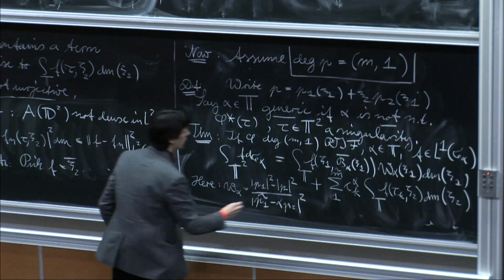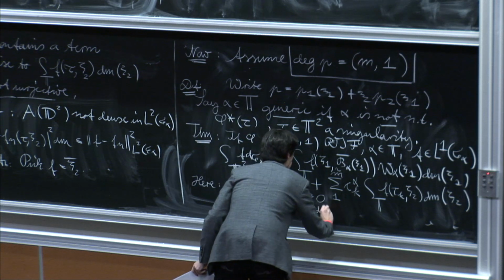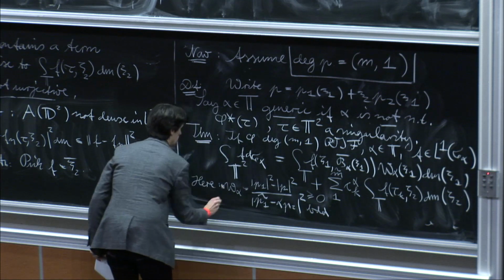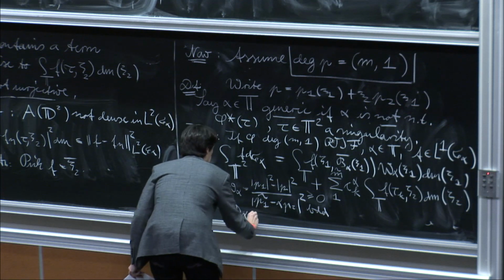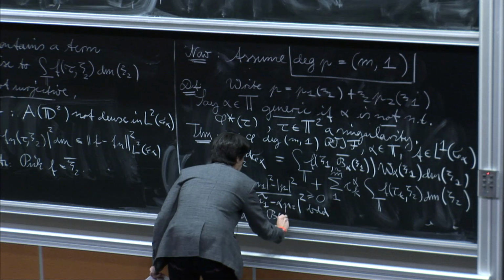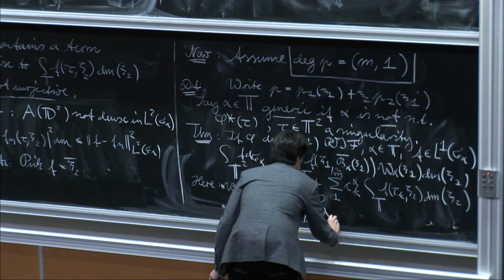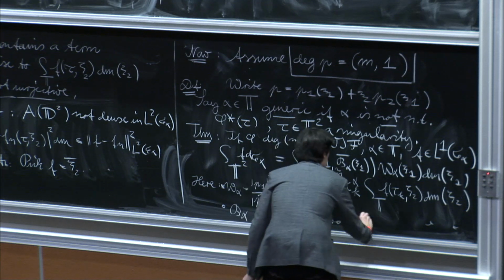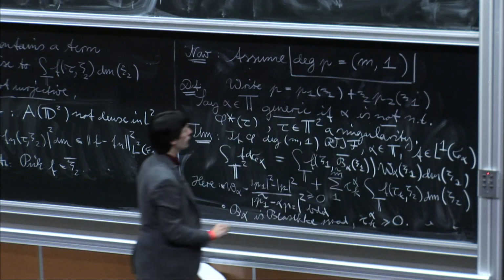And this is a positive quantity. This is bounded. B alpha is a Blaschke product. And these c_k alphas are non-negative real numbers.